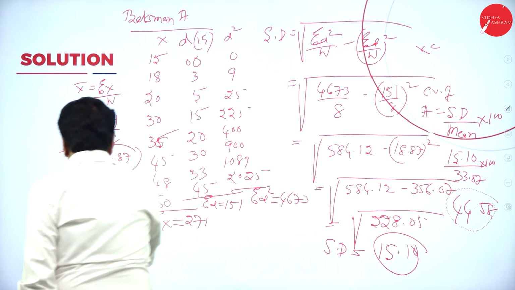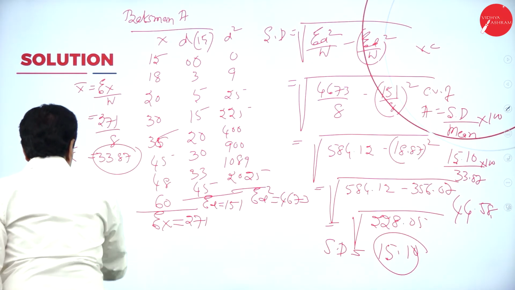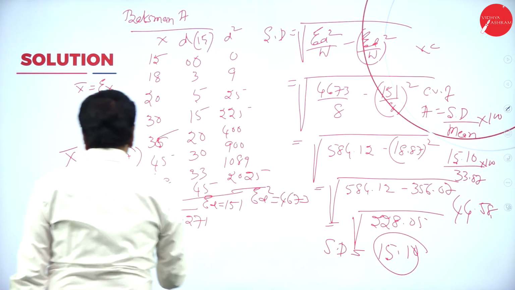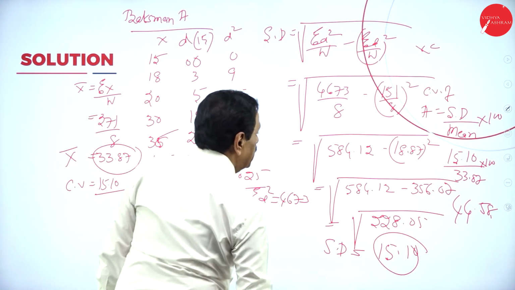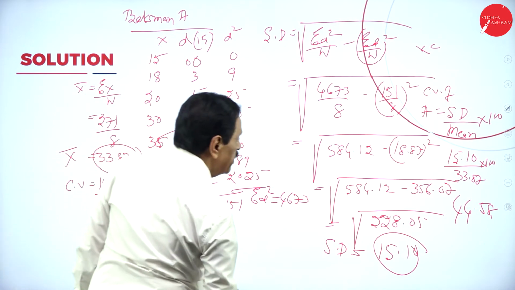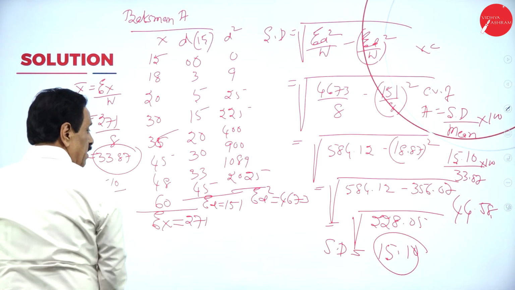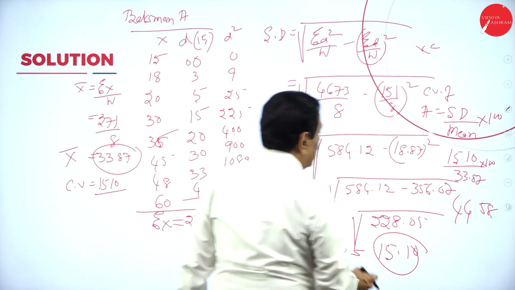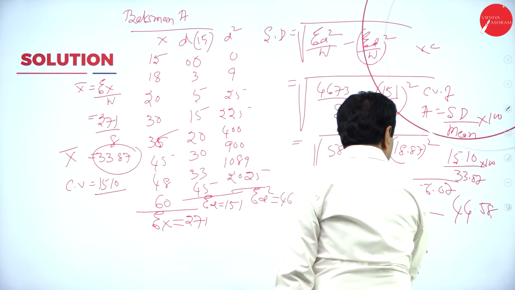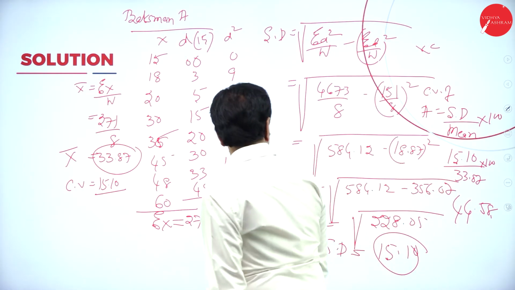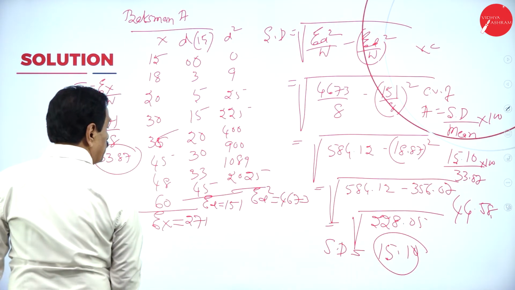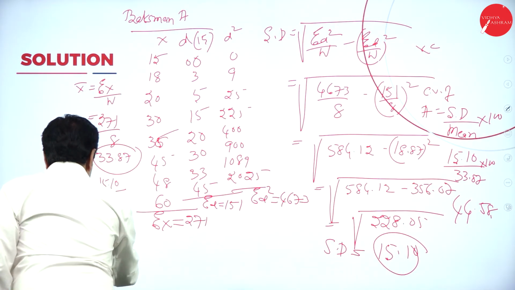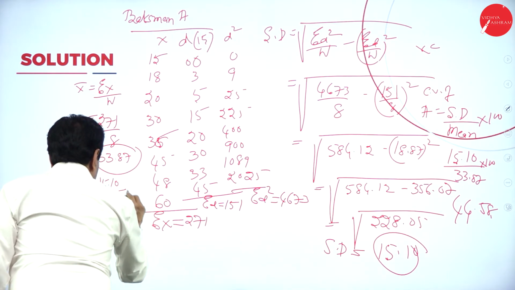So CV is equal to standard deviation 15.10 divided by mean 33.87 into 100.